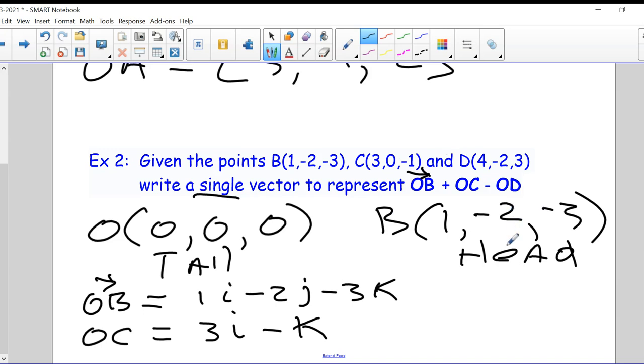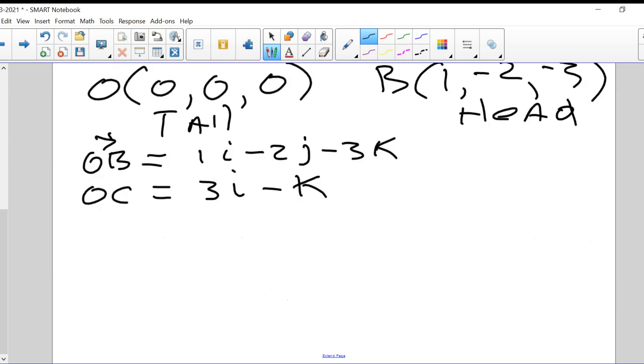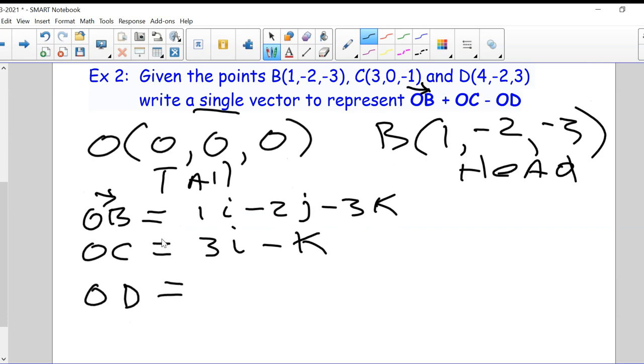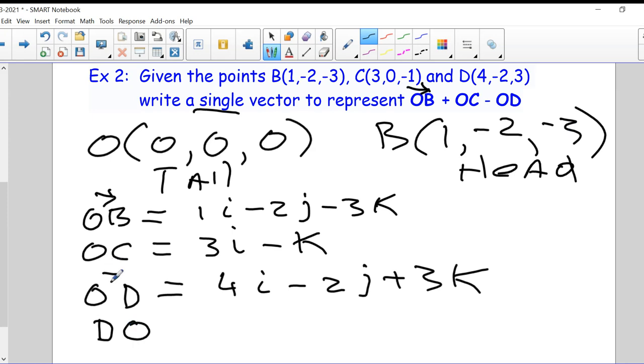And then the OD vector. Now remember, if you're subtracting the OD vector, it's like going the opposite direction. The OD vector would normally be 4i minus 2j plus 3k. But if I want to be able to add this vector, I could use the DO vector instead, which we talked about before.